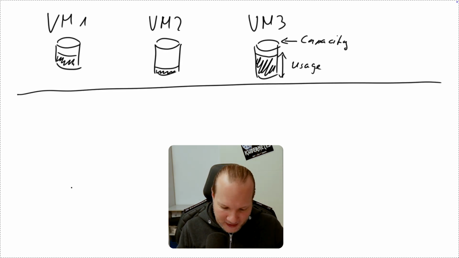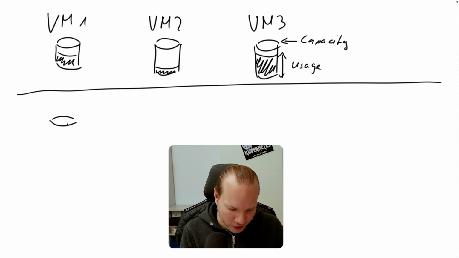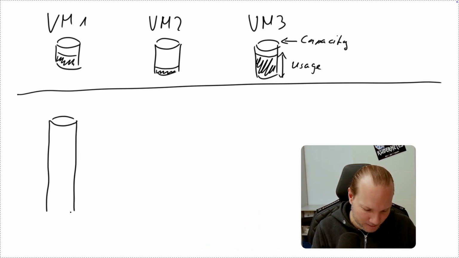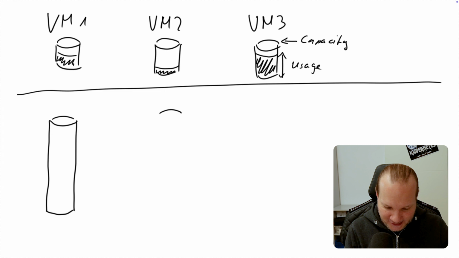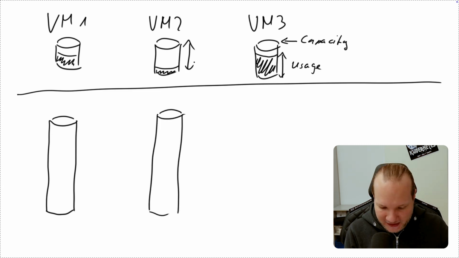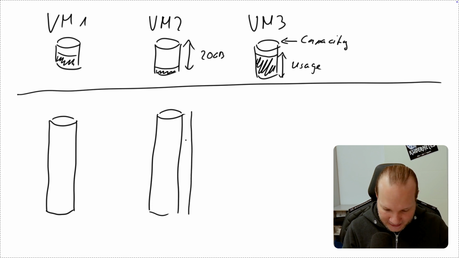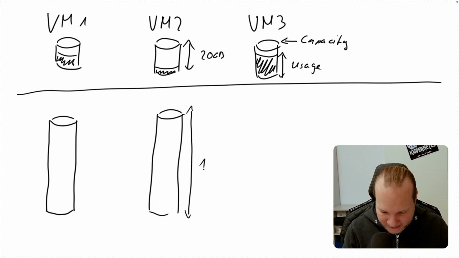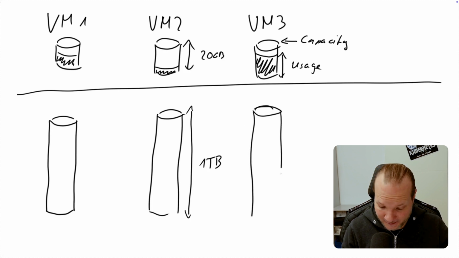So instead of making virtual disks of that size, we can actually make virtual disks of a much larger size, right? If you imagine that would be 20 gigabytes, that could be like a terabyte. Let's go big here. Every single disk has 1 terabyte of storage capacity, right?